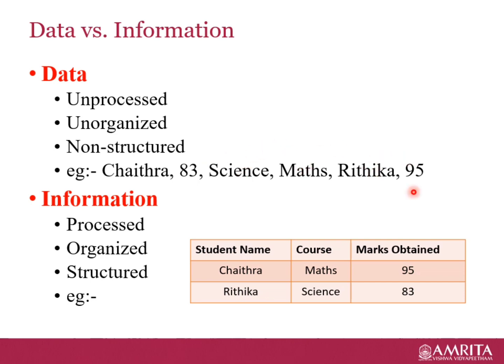These are all data, but it doesn't convey you any information at all, isn't it? But if I organize it or structure it in this particular manner, now you know that 95 is the marks obtained by Chaitra for the course Maths and Ritika scored 83 for the course Science. And that is the relationship between data and information.